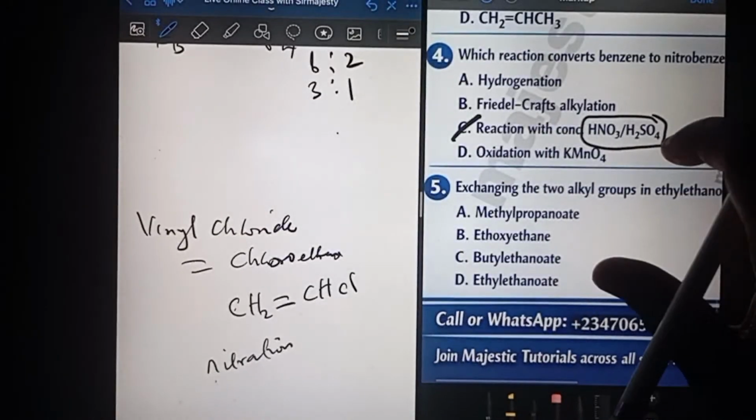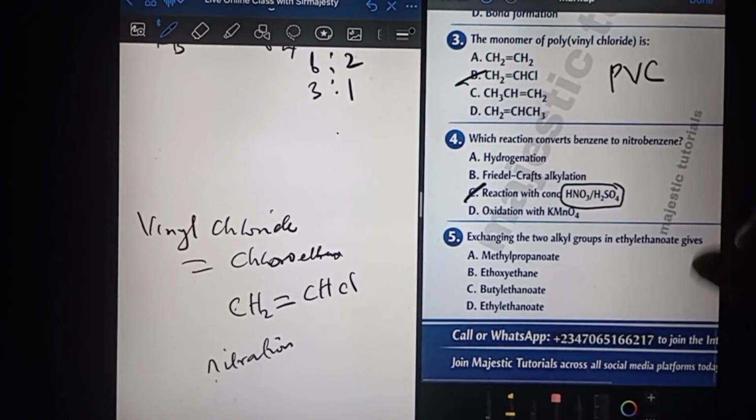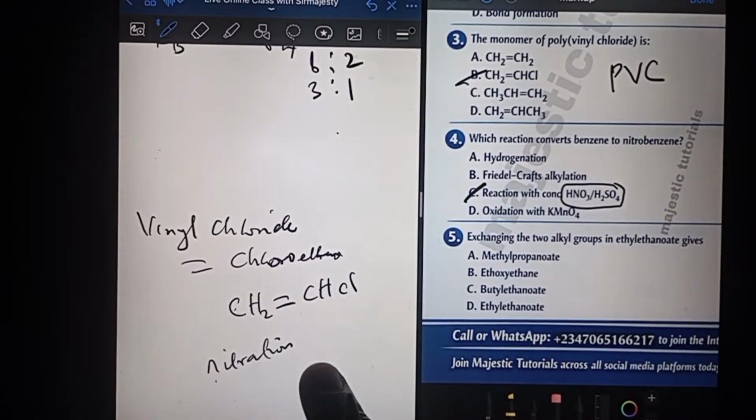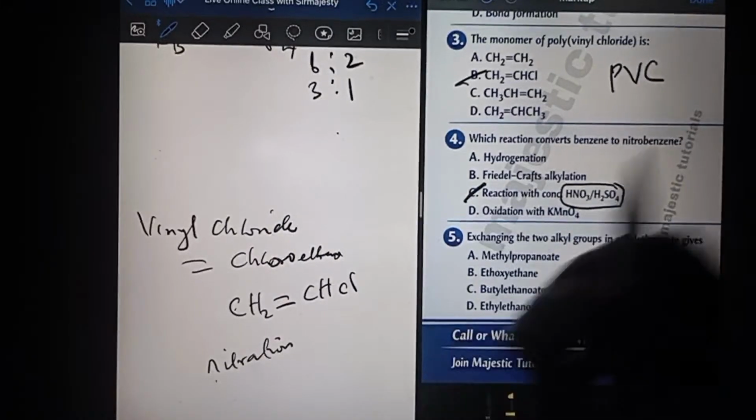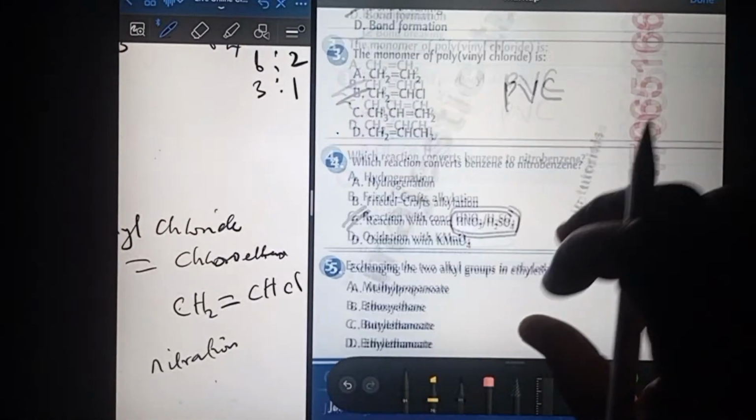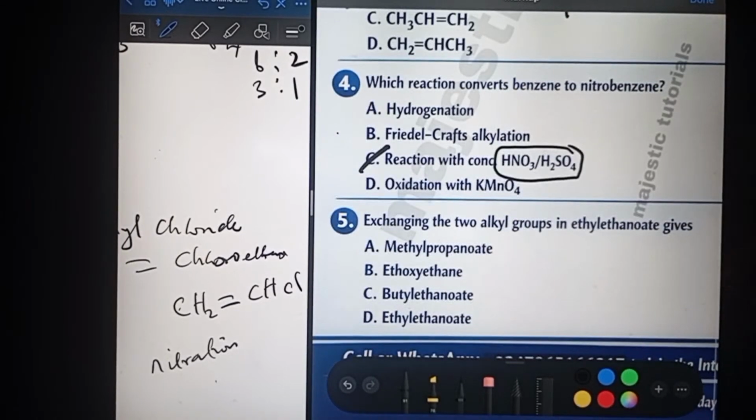The number 5 question says, exchanging the two alkyl groups in ethyl ethanoate gives what?